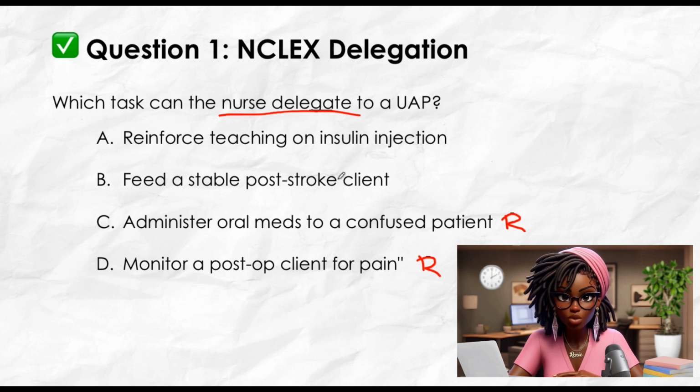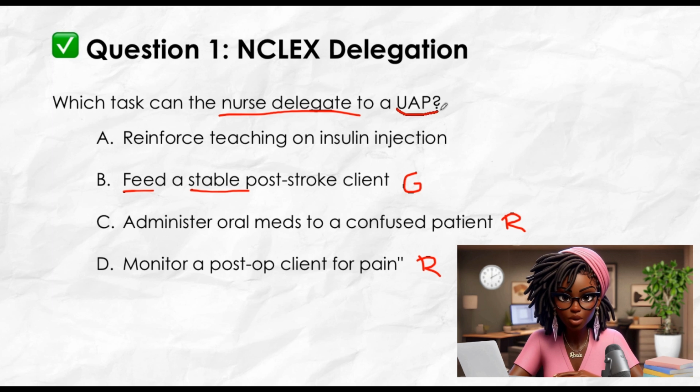Feed a stable post-stroke client. So this patient is stable. This patient requires feeding. This is a green zone answer choice because I can actually delegate this to a UAP. Now, reinforce teaching on insulin injection.